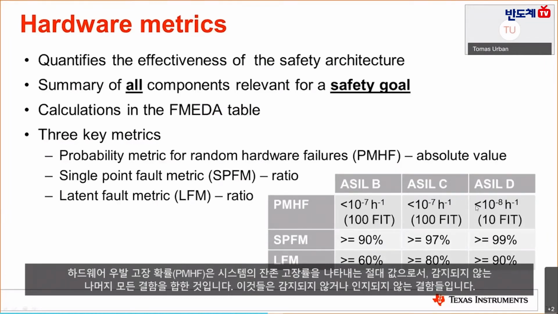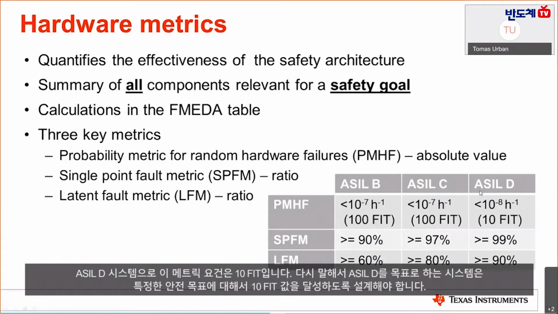There are single faults, and there are not detected or not perceived faults. For an ASIL system, the metric is 10 FIT. So for a complete system rated ASIL, for that particular safety goal, you need to comply with this 10 FIT value.